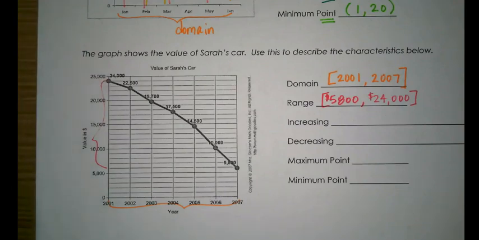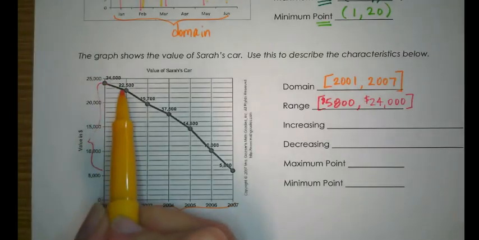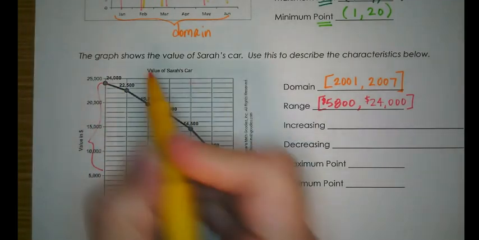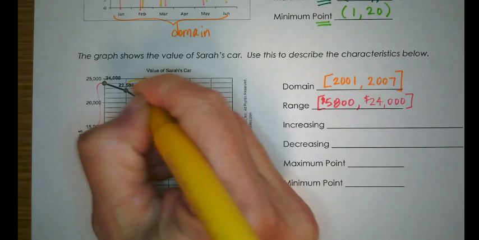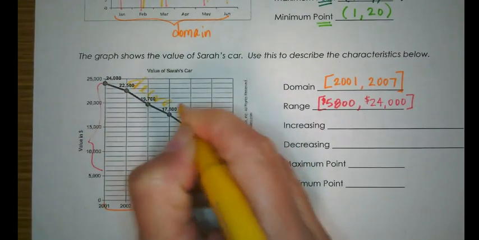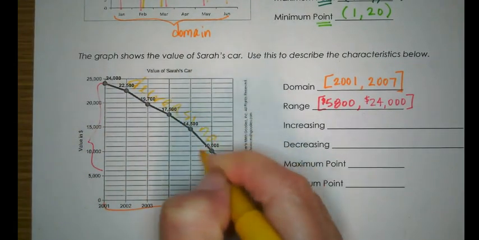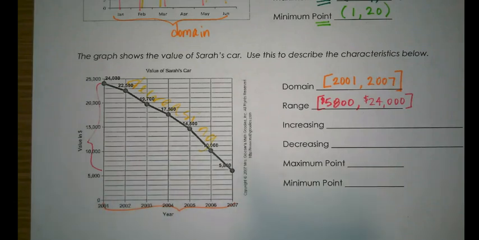All right, so now we're going to look at the graph to locate the times when the value increased or decreased. And it looks to me like it's decreasing, and it looks like this. It looks like the value of her car is decreasing the entire time.